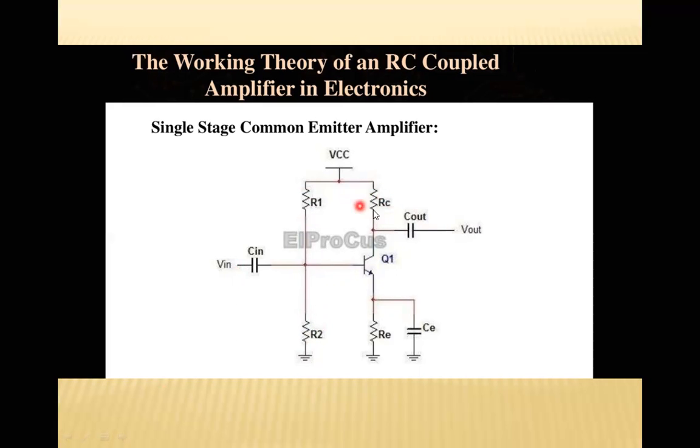This is the collector resistance, the emitter resistance, and the bypass capacitor called CE. So this is an NPN transistor connected in common emitter configuration, with collector resistance and C out. This is the output, where we measure across these two terminals, this point and the ground terminal. So this will give an input to the amplifier, and here we are going to collect the output of the amplifier.